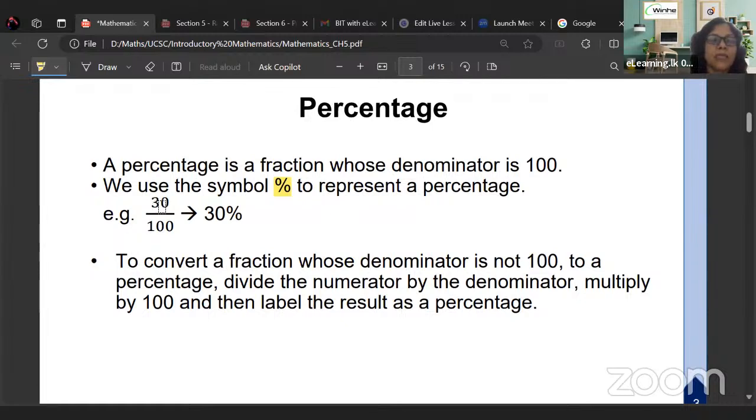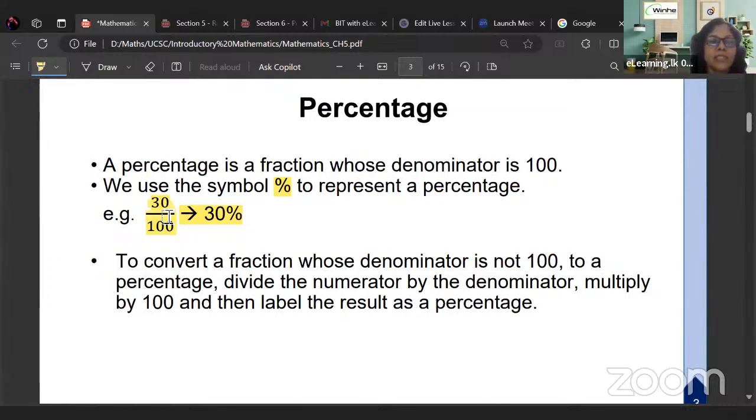If the denominator is not equal to 100, then how do we convert it into a percentage? We know if the denominator is 100, we can easily write down the percentage.